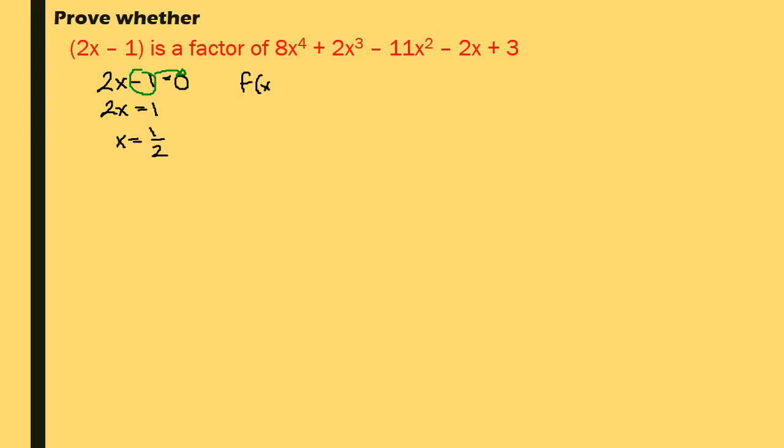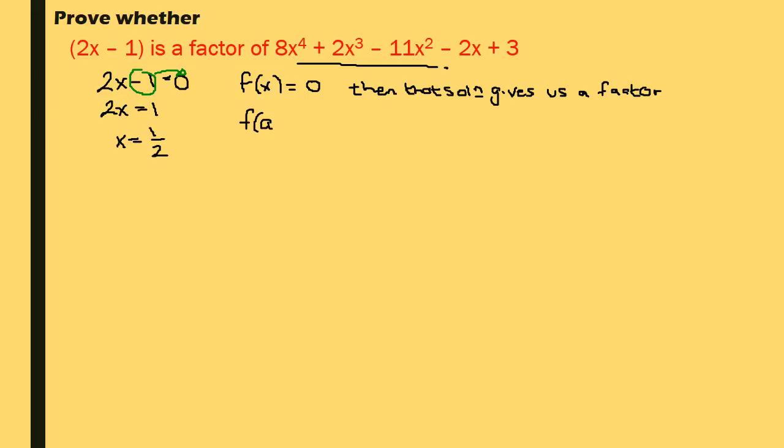The factor theorem says if I replace x with a value, and the value of the expression, like we have here, is equal to naught, then that solution gives a factor. And the way we usually write this is not as f of x, but f of some value a is equal to naught.